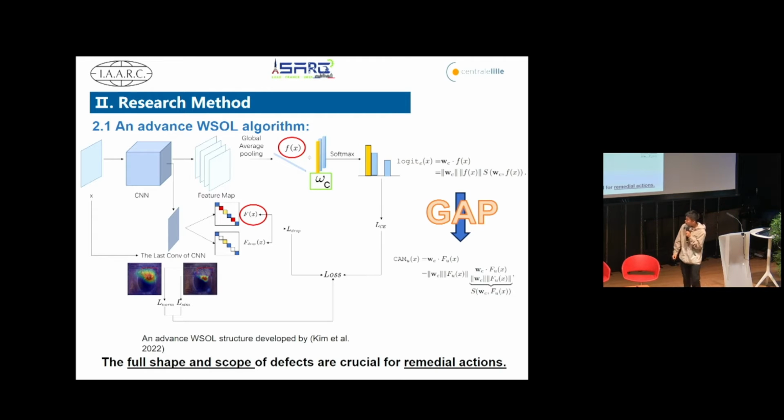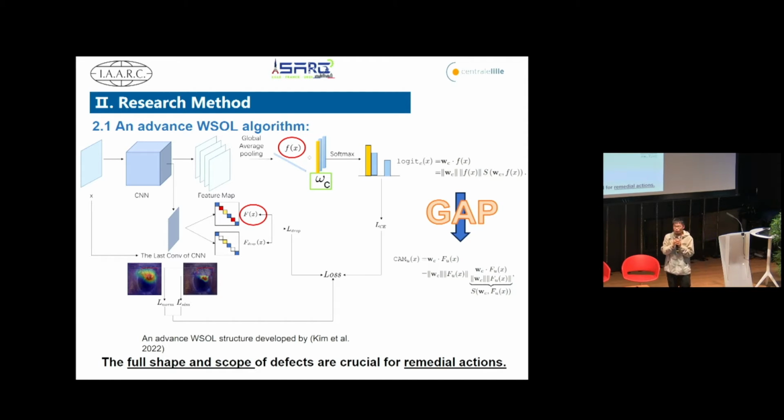But as you may notice, the model is actually trained to classify the object well, but not to localize the object well. Such a gap between classification and localization leads the original CAM methods to focus on only the most discriminative feature of the object. But in sewer systems, the full shape and scope of defects are crucial for remedial actions.